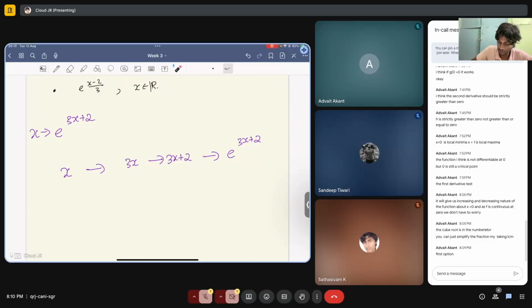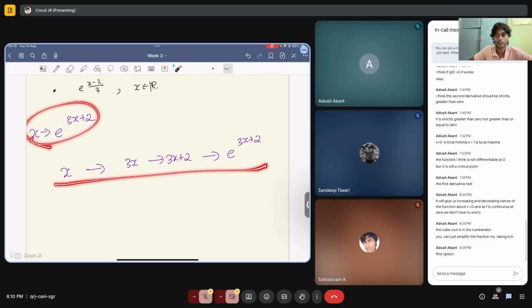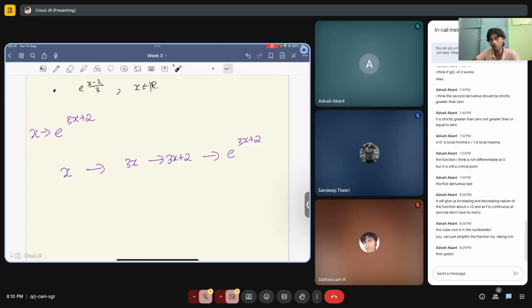Let's say this function is a multiplication, this function is addition by 2, and now you are taking the exponential. So you have three functions, and the whole function is a composition of these functions, right? When you want to go for the inverse, you take the inverse of this first, then of this, and then of this.